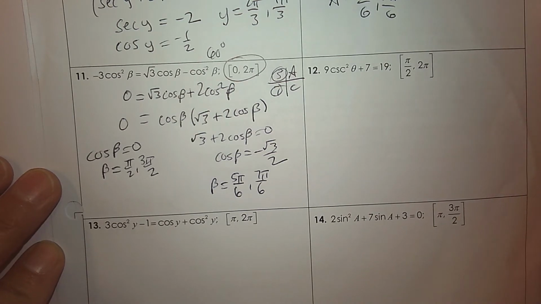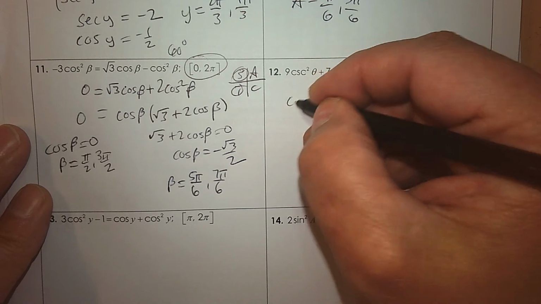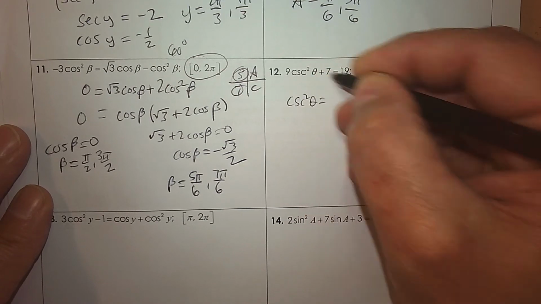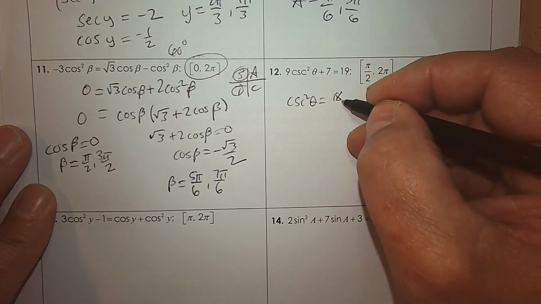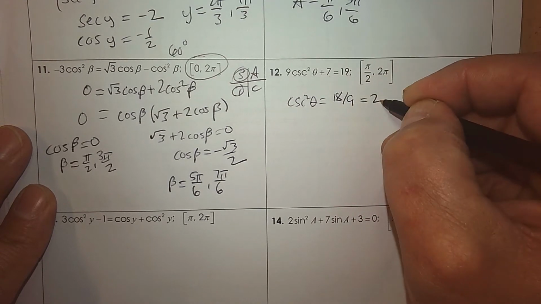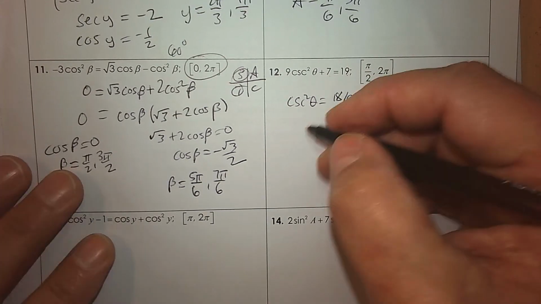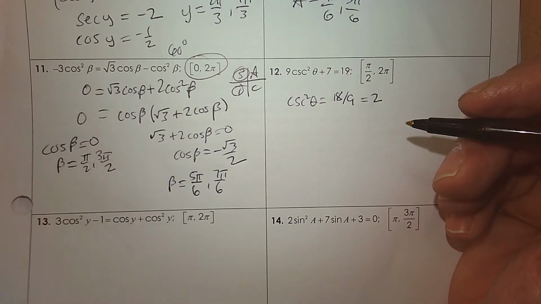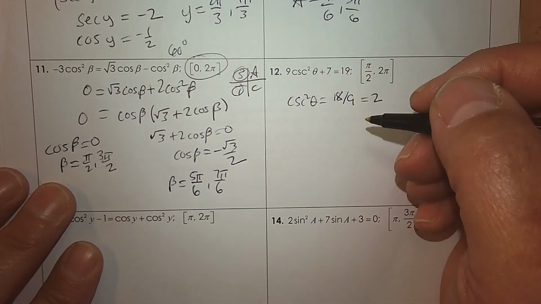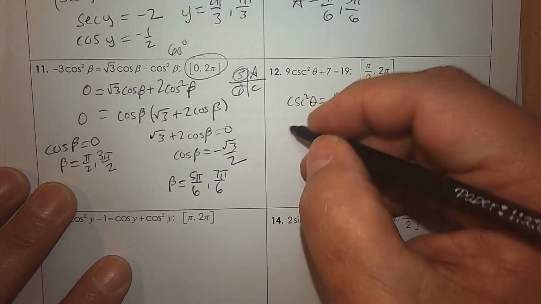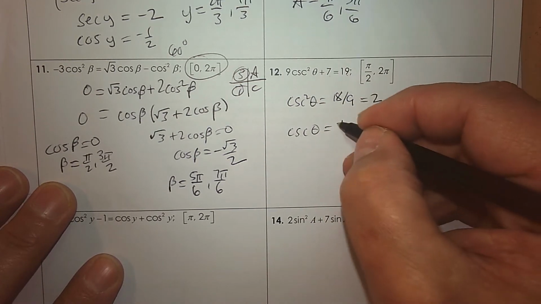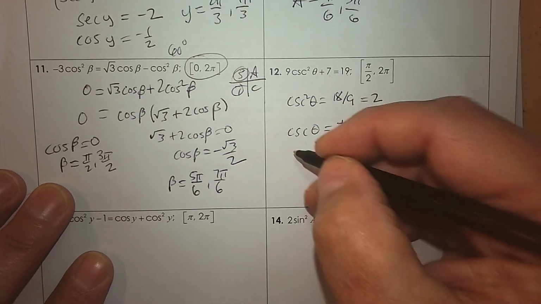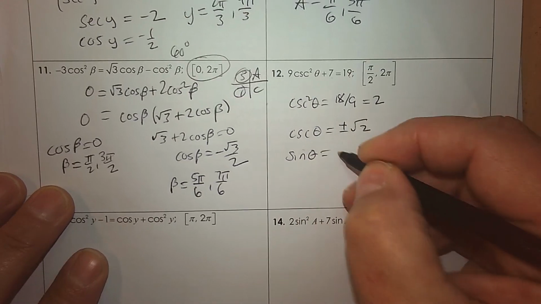Number 12, get cosecant squared by itself. So we're going to subtract 7. So 19 subtract 7 is 18, and then divide by 9. Then you're going to do the square root. Now, the answer is positive or negative. If you want to, you can do the reciprocal here.